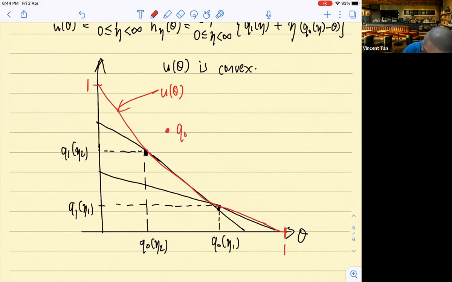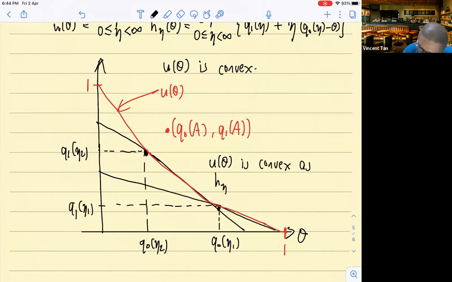You see that all other tests must have operating points that lie here. The punchline is that u of theta is convex, as you have all these h of eta theta, each a tangent to it and lying below the u curve.